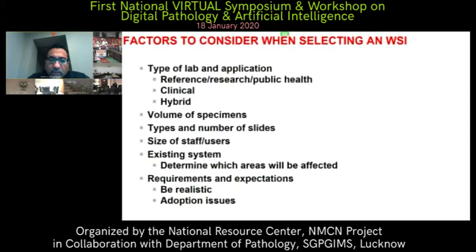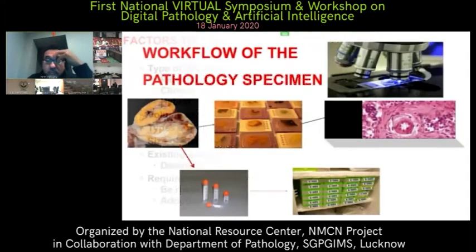All the way from when the case is accessioned in the lab, all the way to reporting, there are many aspects of the workflow which are still manual. So in order to go digital, you will start to digitize your entire workflow, because in order to scan these slides, they have to be barcoded, and they have to be partly integrated to the lab information system.